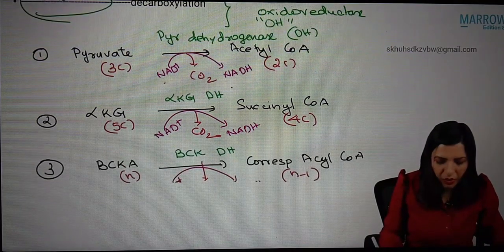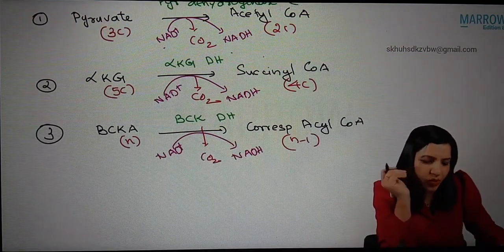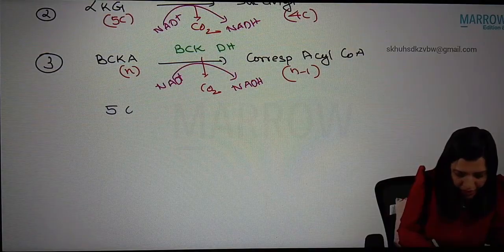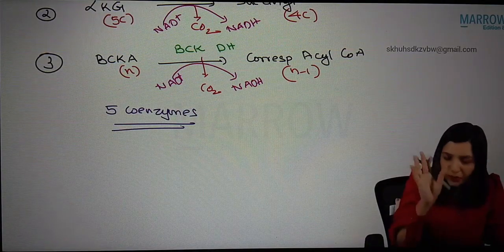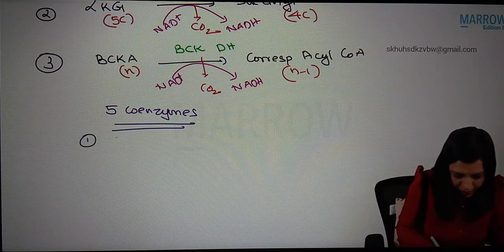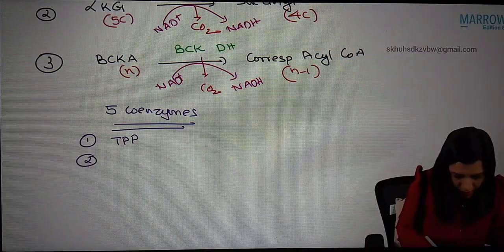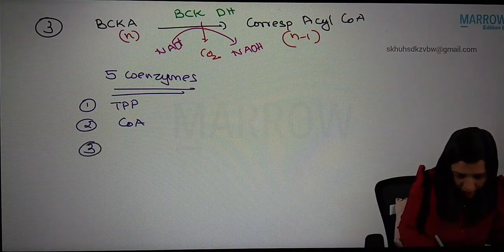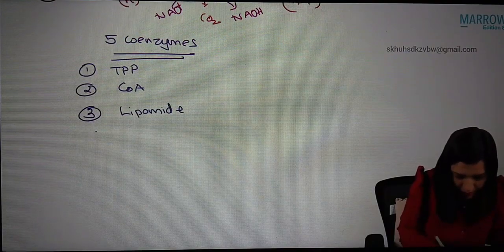Okay, so what is the coenzyme? In the case of simple decarboxylation, what was the coenzyme? B6. Now, what about this? There are 5 coenzymes for all these reactions. One is thiamine pyrophosphate. Second is coenzyme A. Third is lipoate or lipoamide.